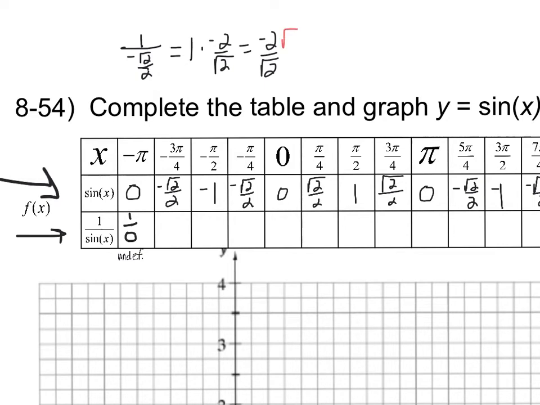So I'm going to multiply by the square root of a giant 1, square root 2 over 2. And that's going to give me a negative 2 root 2 over the square root of 4, which is 2. Let's simplify that. 2's cancel, and we have a negative square root 2.